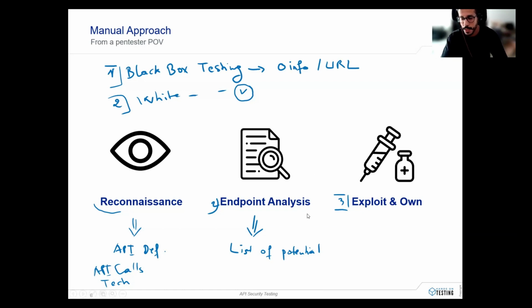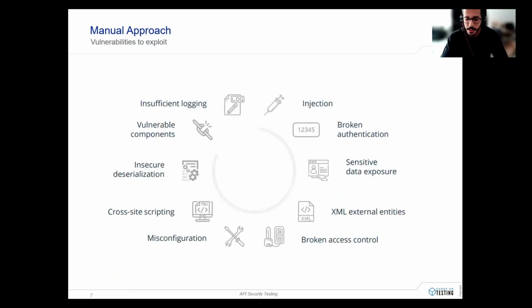But if we want to be sure that we cover everything during the endpoint analysis step, we have many guidelines that can be used as a reference in order to make sure that we don't miss anything important. Here I have the OWASP Top 10 risks for API.